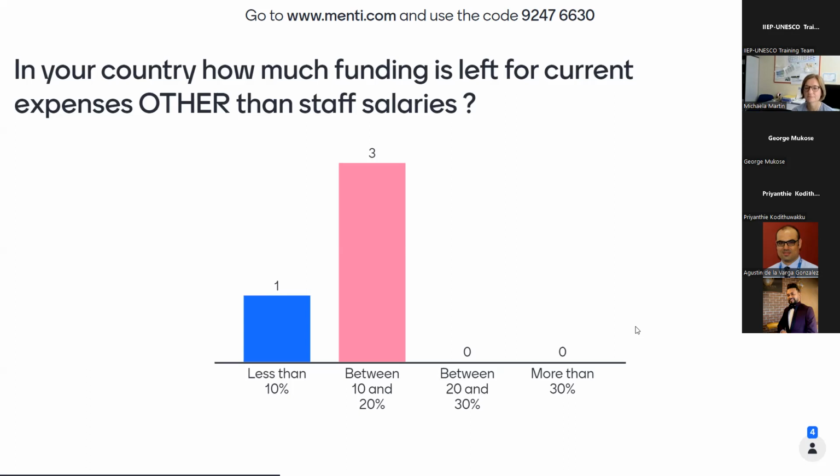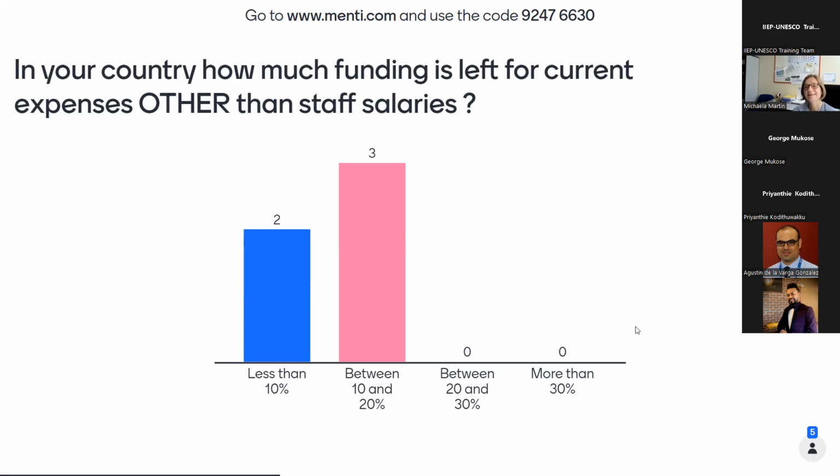If you can't access Mentimeter, maybe you can drop your reply in the chat. Otherwise, go to menti.com and use the code at the top of the screen. Oh, five people. Okay, another one.